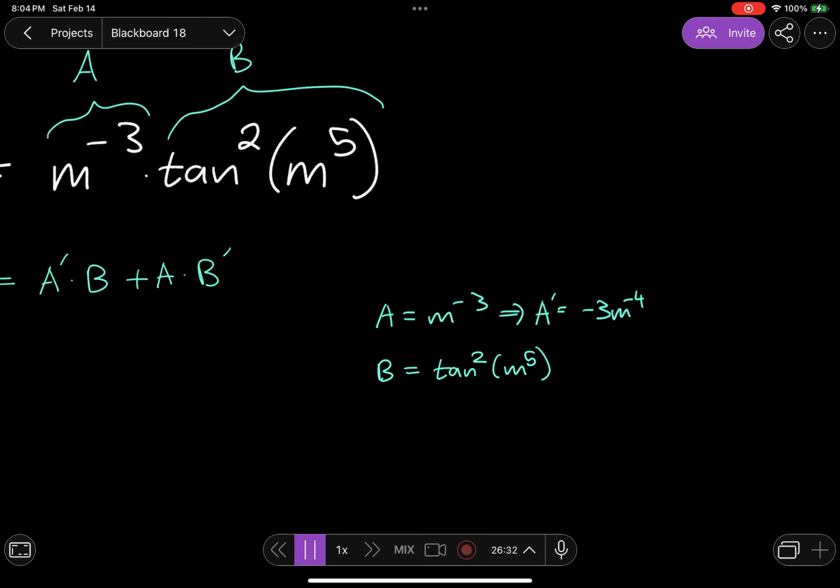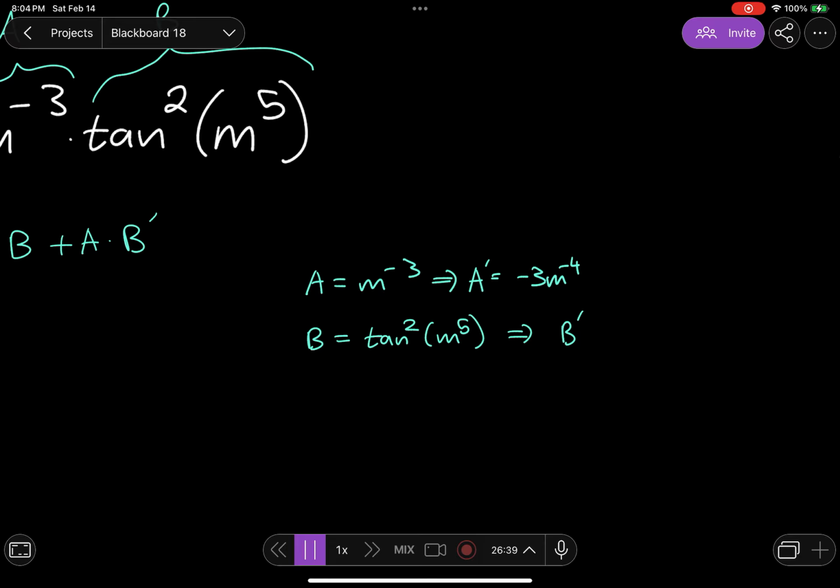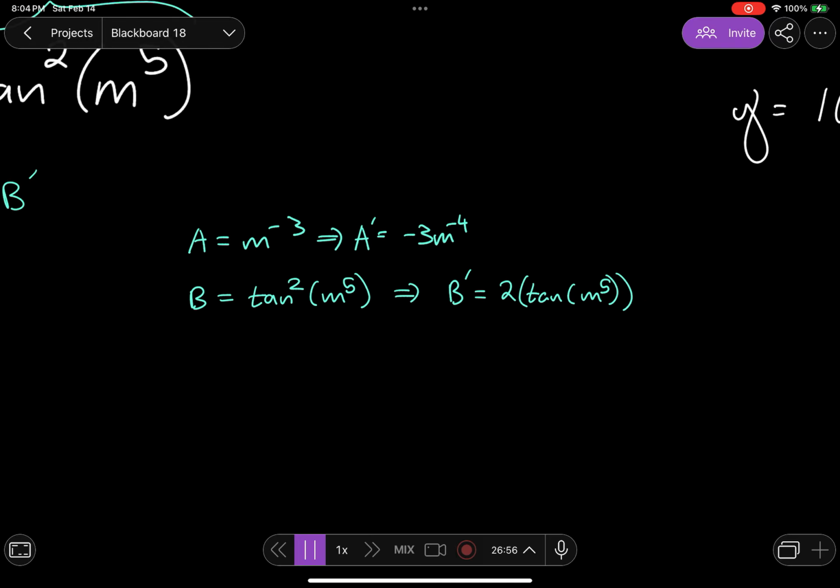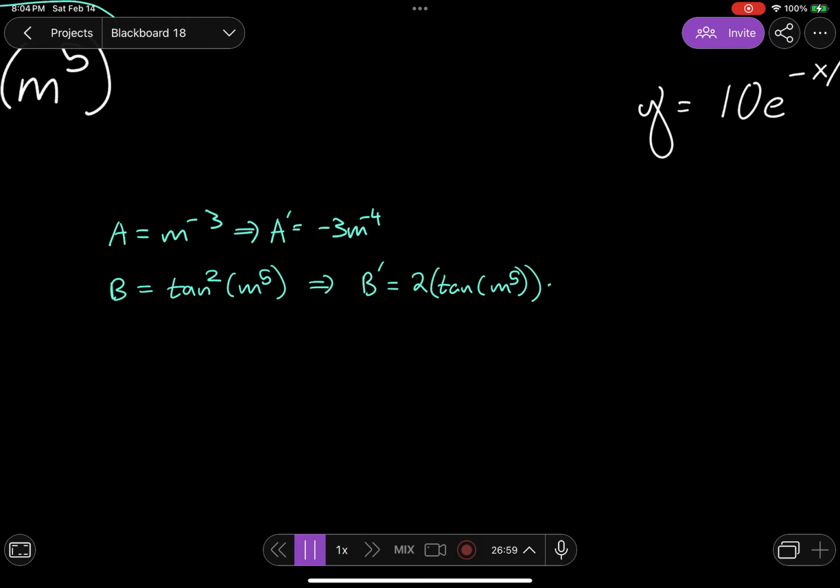Now, what that means is that B prime, my first move is the derivative of the outermost function. That's going to be something squared, which is 2 times whatever was squared in terms of the chain rule here. So what's on the inside is going to be tangent of m to the 5th. All right. And then I have to multiply by the derivative with respect to m of the tangent of m to the 5th. Okay.